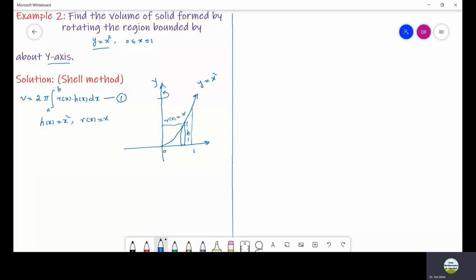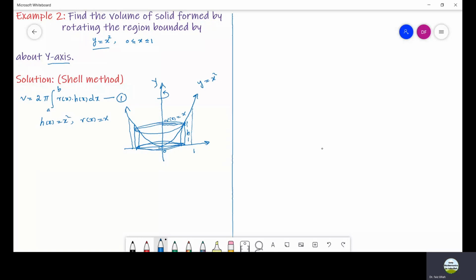If we rotate it about the y-axis, we get a solid like this one. That is the required solid, and we need to find its volume.